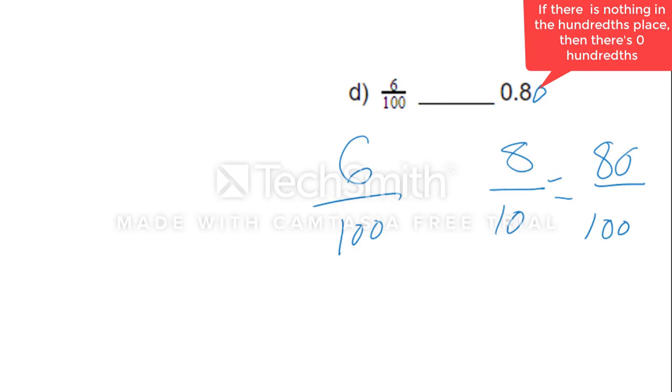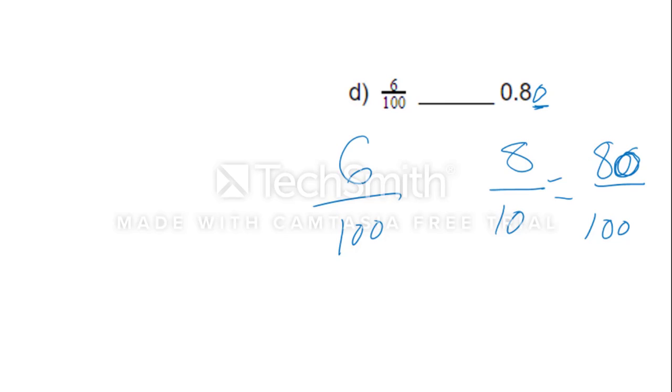So this is the same as 80 hundredths. Remember, even though there's nothing in the hundredths place, that means there's 0 hundredths, so we can always put a 0 there. 8/10 is the same as 80 hundredths. So 6 hundredths compared to 80 hundredths, oh, well, 80 hundredths is definitely bigger.